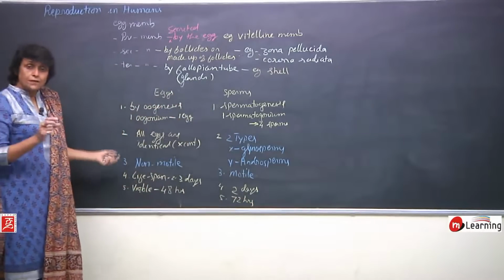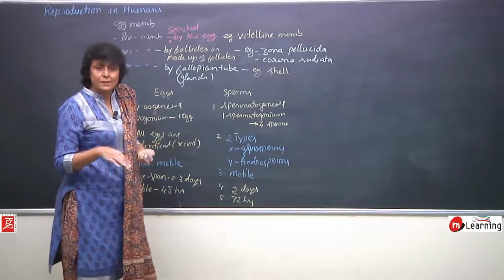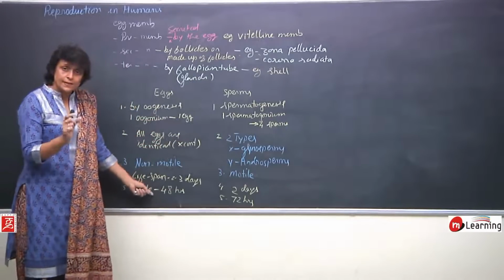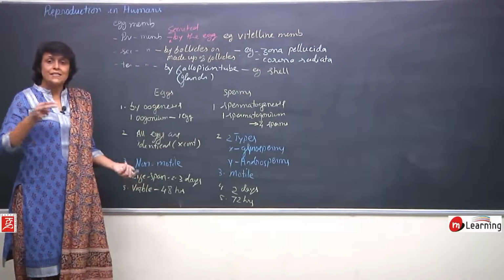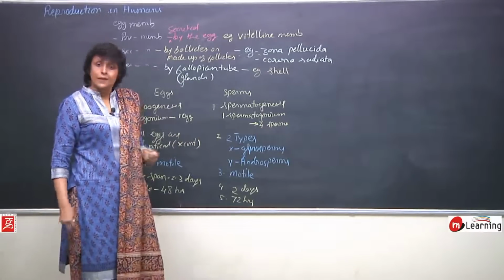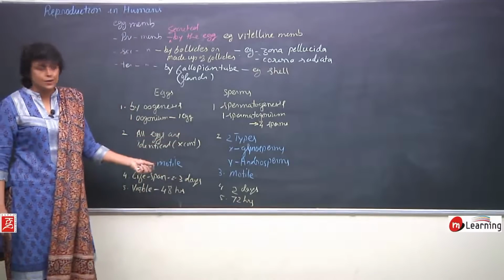So the lifespan is more and viability is always less. So if they get fertilized within this time, it's okay. Otherwise they will remain alive, but they will lose the power of fertilization.